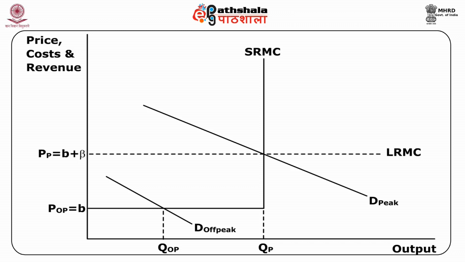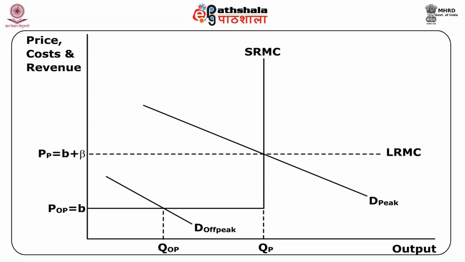Faced with these prices, the peak period users would purchase output level QP and QOP is the off-peak period output. QP, the peak period demand, is also the firm's capacity output, as at this output level, SRMC equals the LRMC.